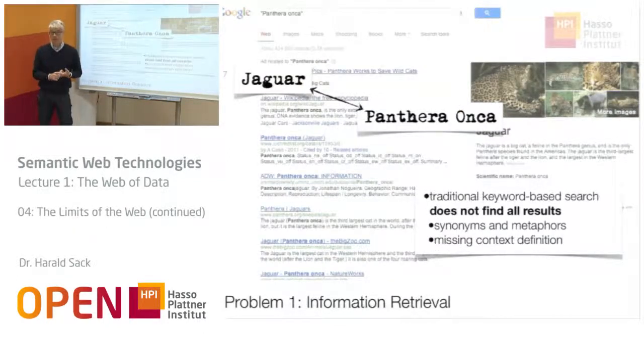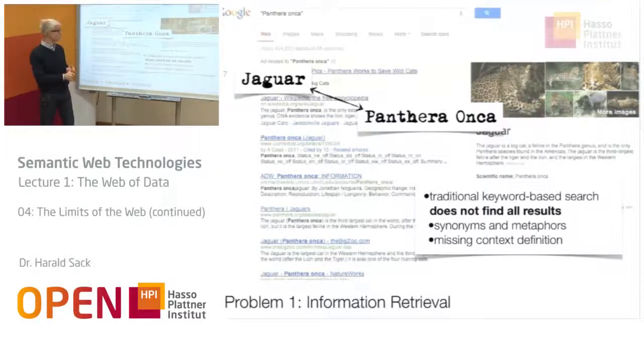Nevertheless, if you are looking for Jaguar the cat, maybe you will not get all the results that are really related to that term, because for one and the same thing, you can use different terms, different words, different symbols to represent this one unique meaning.